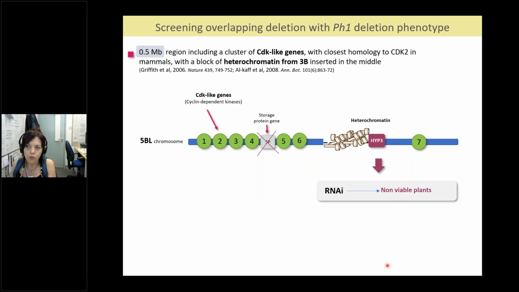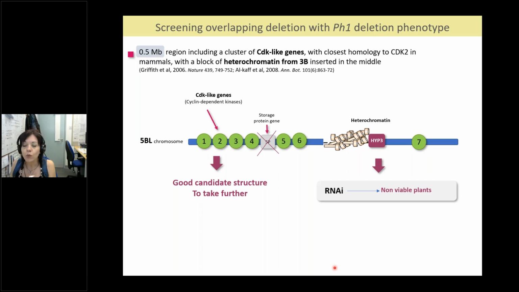So this gene was kind of parked there, and there was not much they could do at that moment. There was no TILLING, no CRISPR. So they focused on the cluster of CDK-like genes, which actually was a very good candidate because these kinases are a central component of the cell cycle control system, and CDK2 in mammals is involved in many meiotic processes.